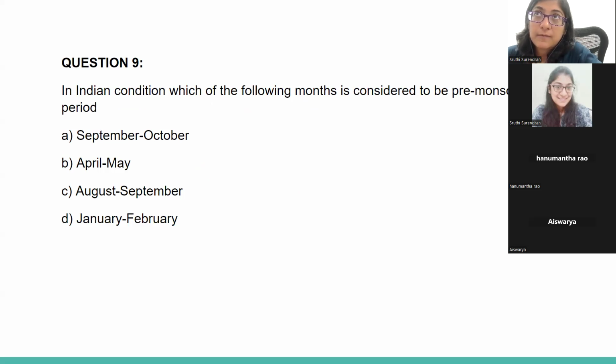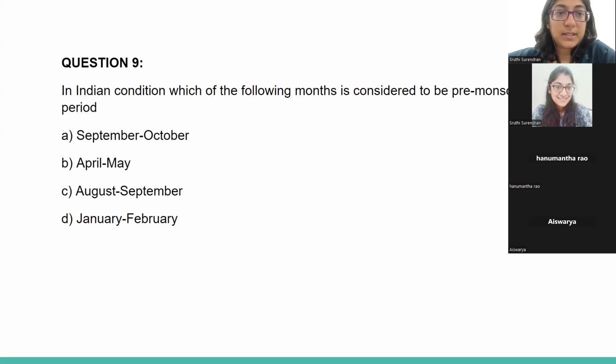After monsoon, you have the post-monsoon, then you have winter, pre-monsoon, and then again monsoon. So, what is the pre-monsoon period? If you know what is the monsoon period, you will be sure about the pre-monsoon period. If you are associated with water resources, this is some basic thing that we'll have to know about the seasons and the water year and all that.